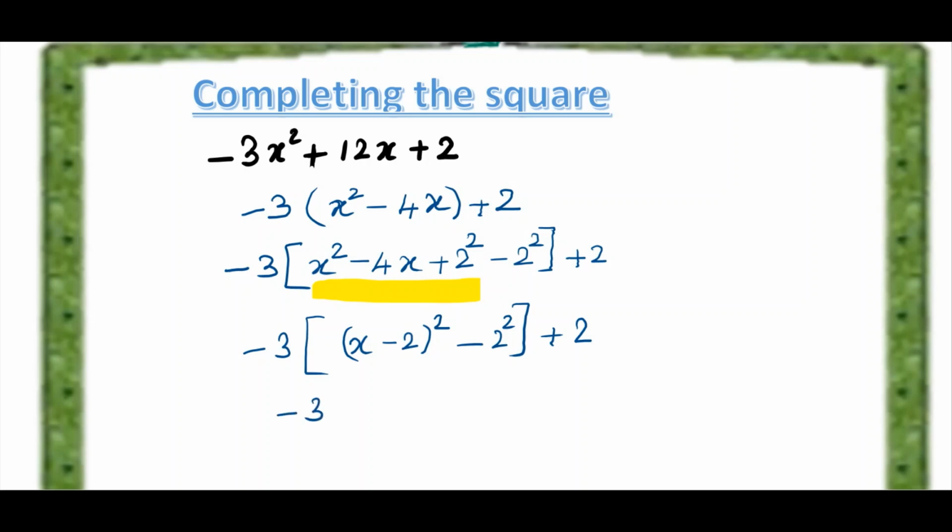Minus 3 multiplied by x minus 2, the whole square, minus 3 multiplied by minus 2 square. So negative and negative will become positive. 3 multiplied by 2 square, that is 3 multiplied by 4, which is equal to 12 plus 2. So minus 3 multiplied by x minus 2, the whole square, plus 14.